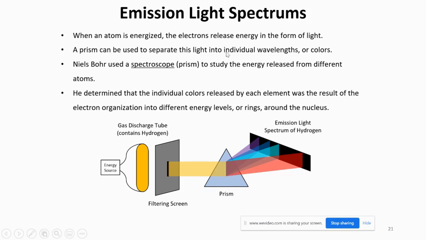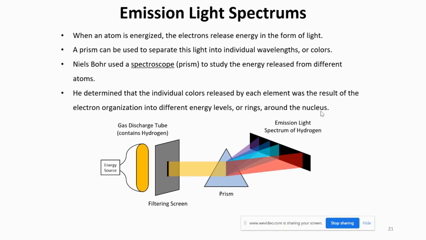We can use a prism to separate those, and that's actually what we're doing. We're working with these spectroscopes today. We're working with these in honors. So when we get into chapter 5, you'll have an opportunity to work with one of these to look at those different energy signatures. Each element then has a different energy signature coming off of it, and that's how they're able to determine different elements, like on the sun.